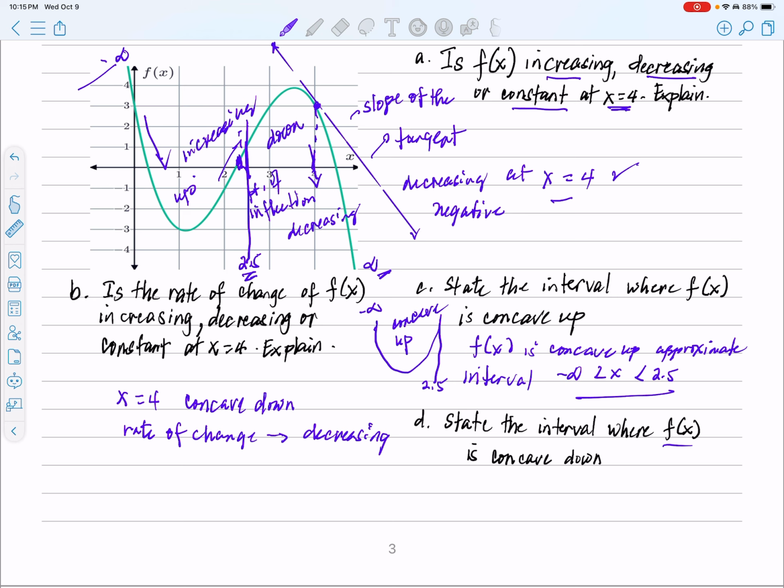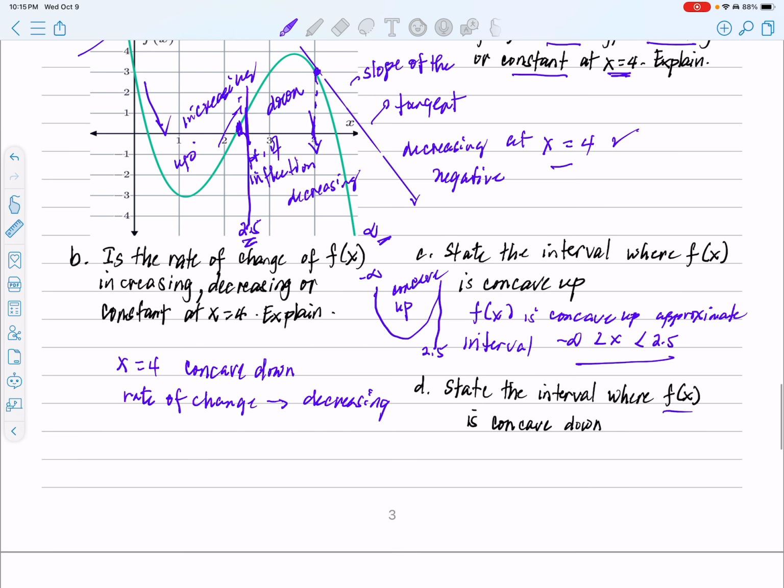And for the interval of concave down, from 2.5 right here, the right end of the behavior is positive infinity. That means the interval when it's concave down is between 2.5 and positive infinity.